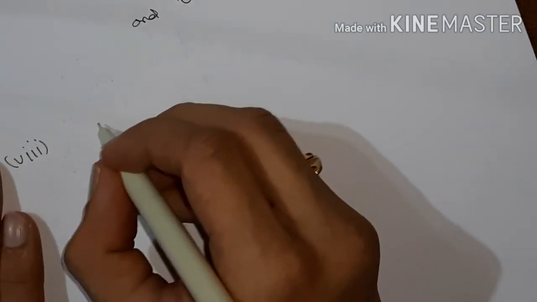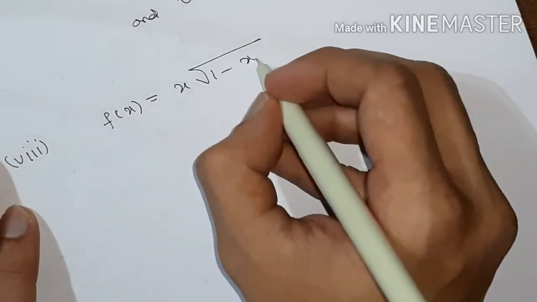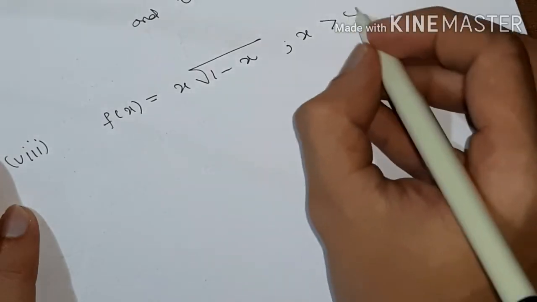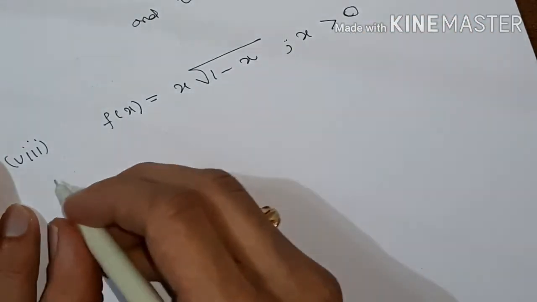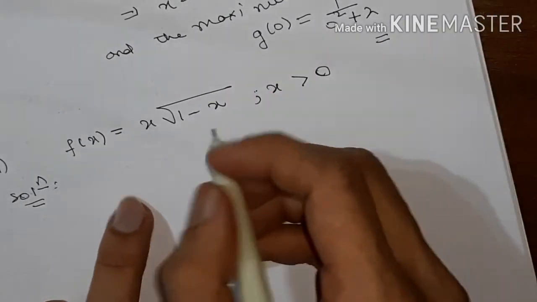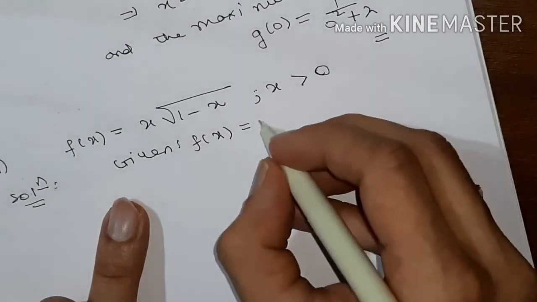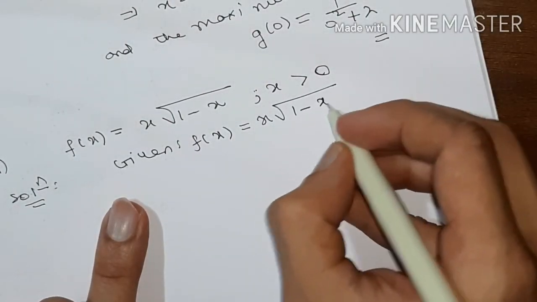Okay, so let us now look at the eighth. Eighth is what? f(x) equal to x root of 1 minus x, and x is greater than 0. Okay, now the first step is what? Right, what is given? f(x) equal to x root of 1 minus x.